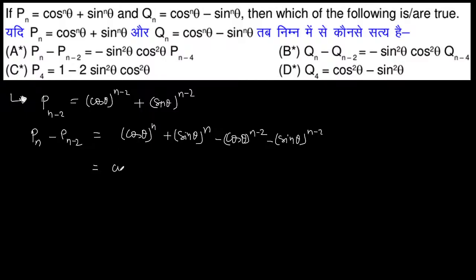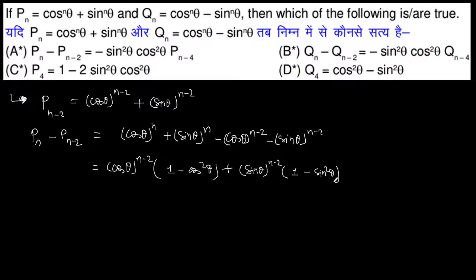If you take cos theta to the power n minus 2 common, we are going to get 1 minus cos square theta. Similarly, if we take sin theta to the power n minus 2 common, we are going to get 1 minus sin square theta.